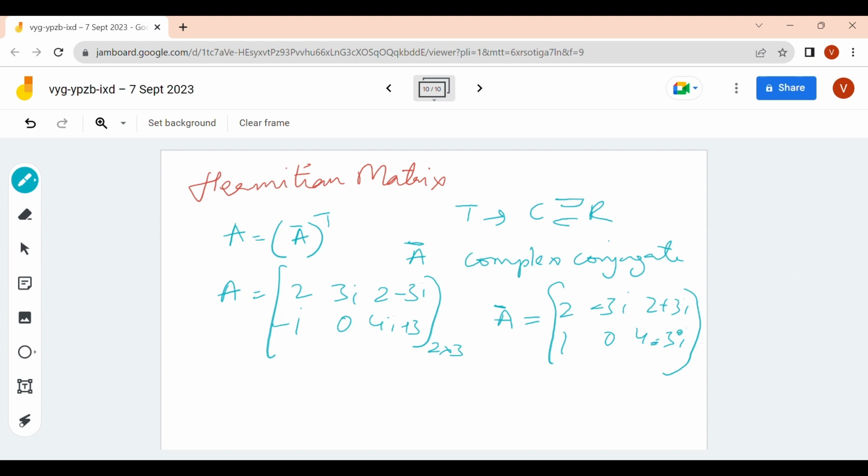Please observe here, only my conjugate part is going to change the sign in taking A bar, that is the complex conjugate.